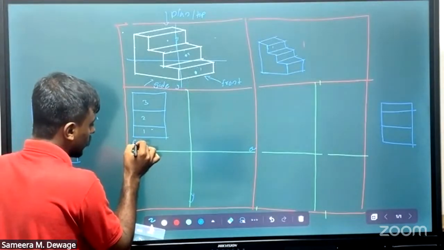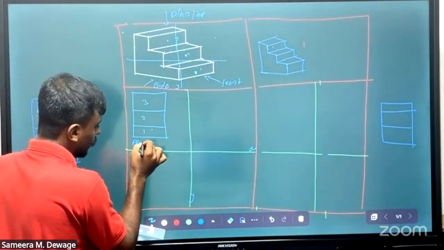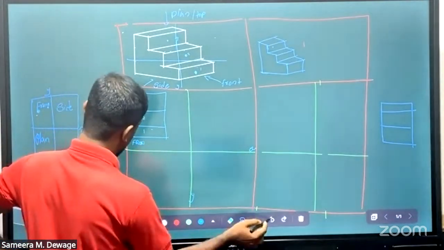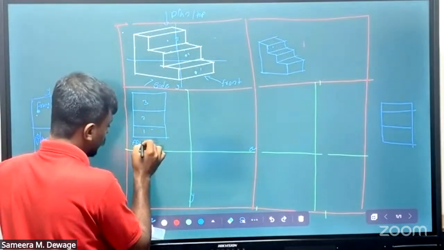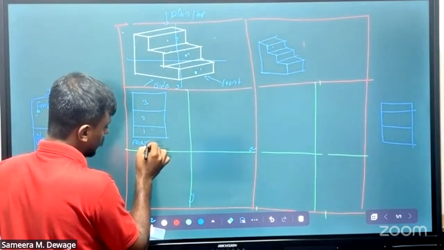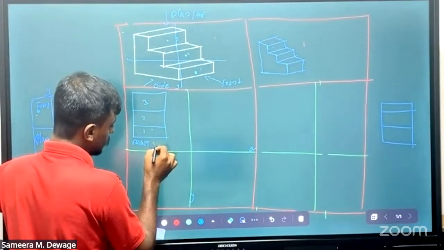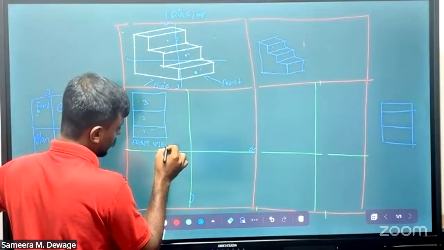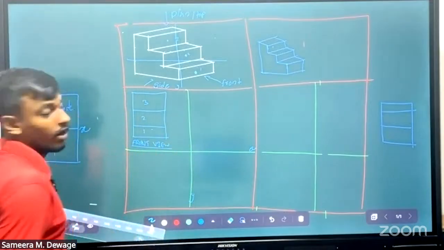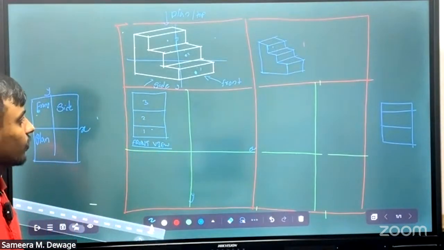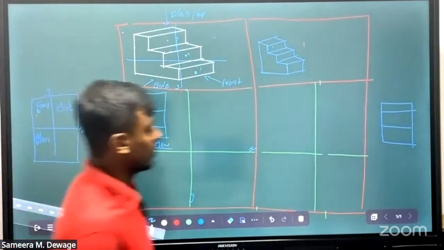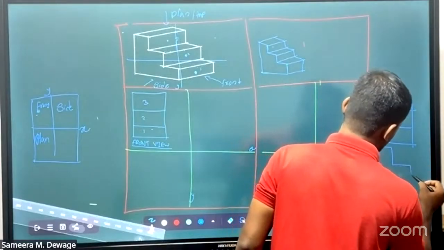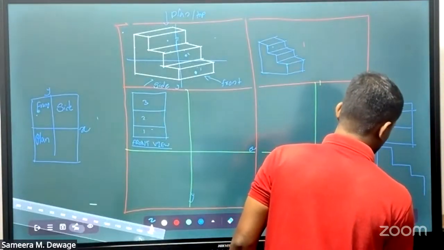Front view. Okay, this is the front view. Right. So your side view should be like this, no? Your side view should be like this.